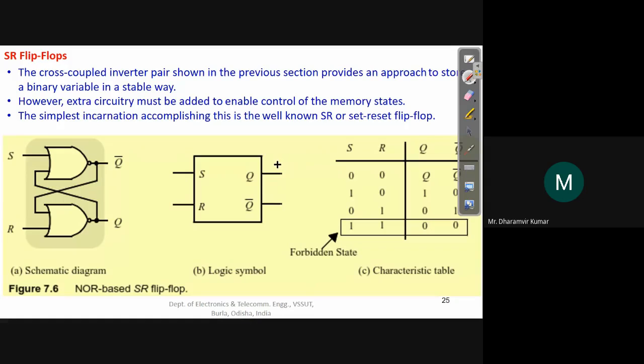So let's start with the simplest memory, the simplest flip flop, that we are aware of. This is the SR flip flop. Now, the cross coupled inverter that we had just seen in the previous section provides an approach to store a binary variable in a stable way. Let me go back to this.